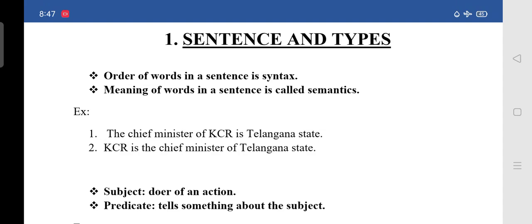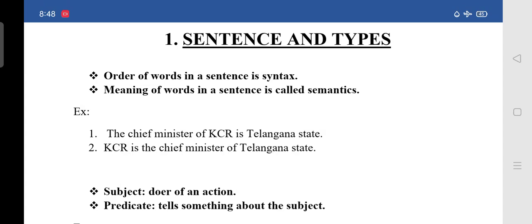And we don't have any chief minister name as Telangana state, isn't it? Telangana state is a place, an area, whereas KCR is a person. So is it meaningful? Do you feel it in a meaningful way?